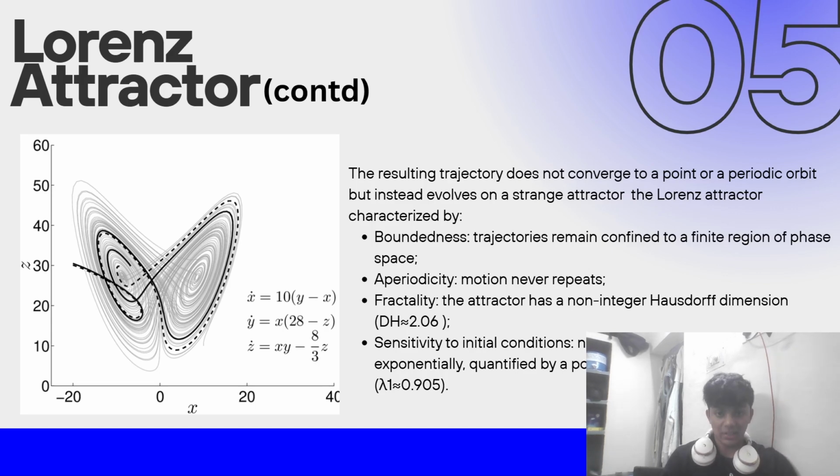And the third one is fractality. The attractor has a non-integer Hausdorff dimension, that is the fractal constant, 2.06. The attractor's shape is between a surface and a volume, but it is very much closer to a surface as it is only 0.06 from the surface dimension, that is 2.